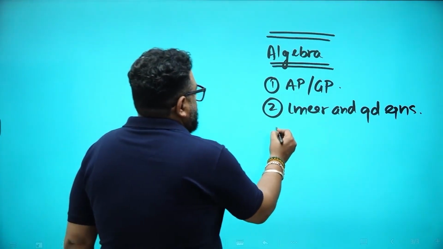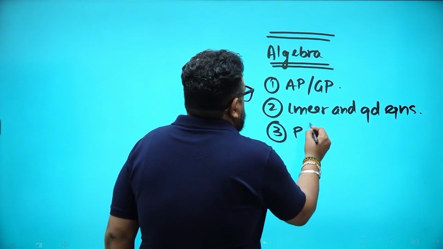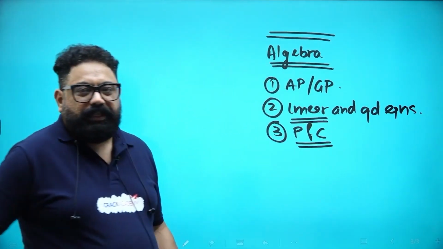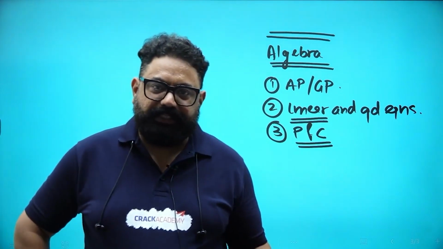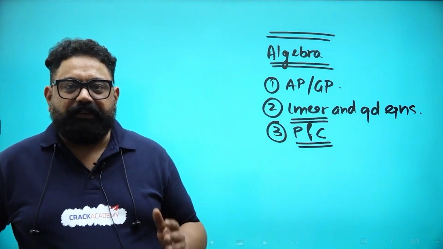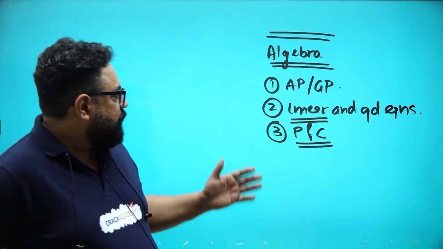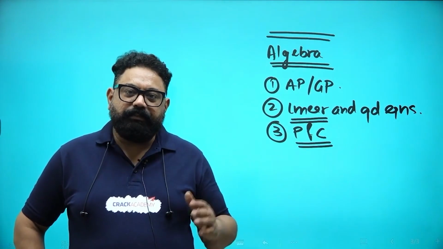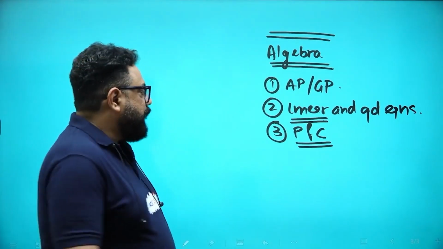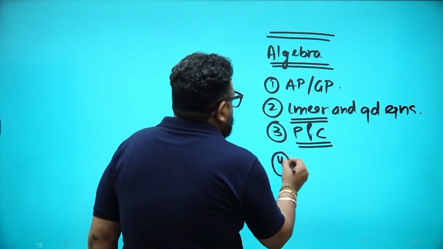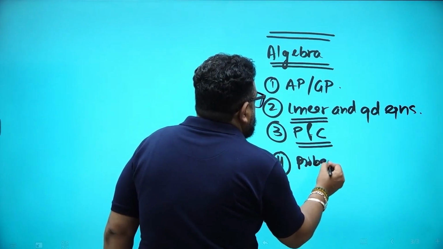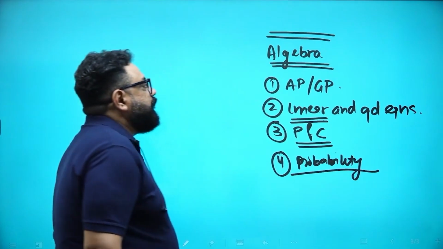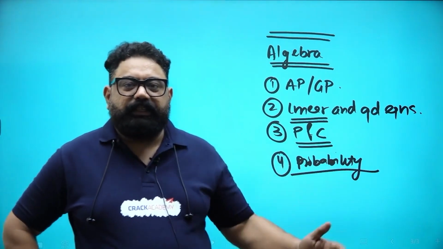Third, permutations and combinations. This has amazing weightage in a lot of papers. If you check out CSAT for the past 5 years, they have been giving a lot of questions from permutations and combinations. This is one topic which cannot be ignored. And probability. These are major ingredients of algebra, though there are other topics as well.